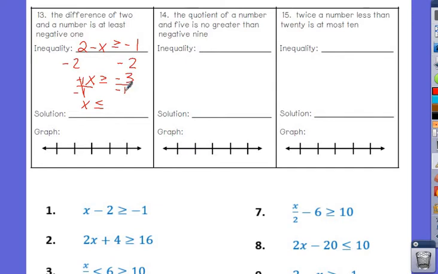What's a negative divided by a negative? Positive. 3 divided by 1? Positive 3. Now I'm able to graph this. Would it be open or closed circle? Closed. I need numbers that are smaller than 3. Is 2 smaller or 4 smaller? 2 is smaller, so I'm shading this way. And there's my graph.